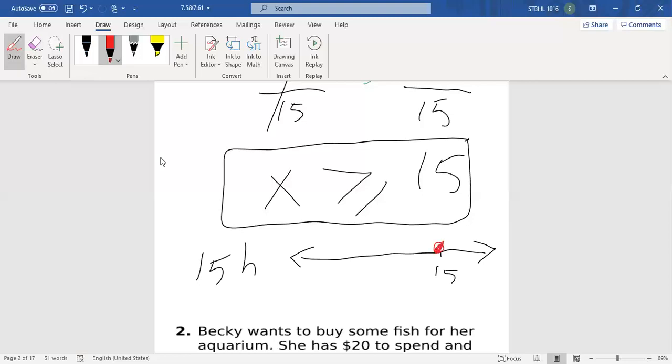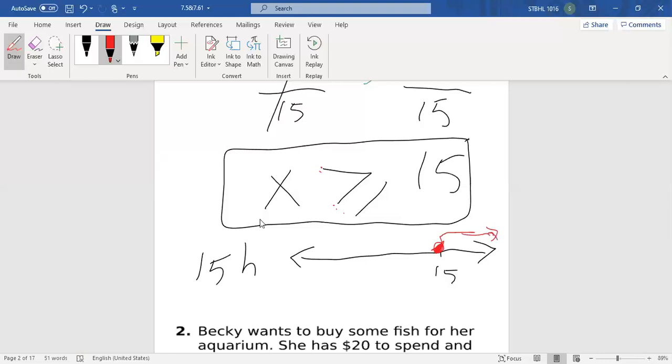Then look at the inequality sign. Which side is toward the variable? It's the mouth of the inequality, x is more than, which means go to the right side. So I'm gonna go to the right side, which means 15 and more.